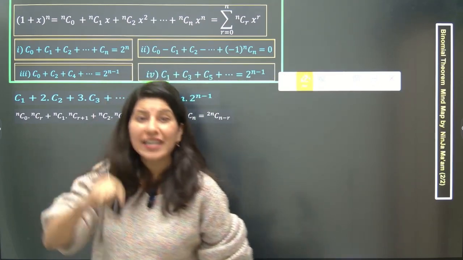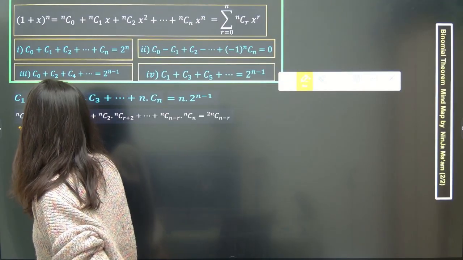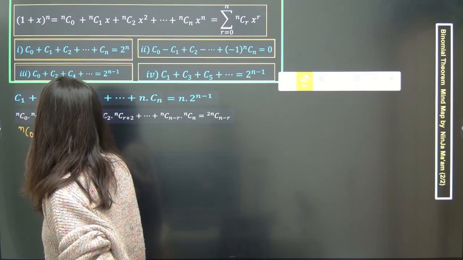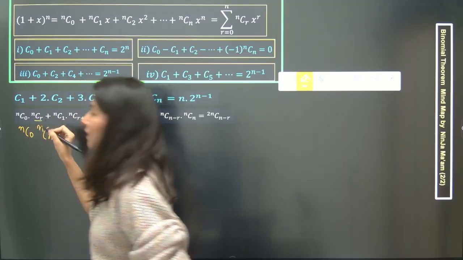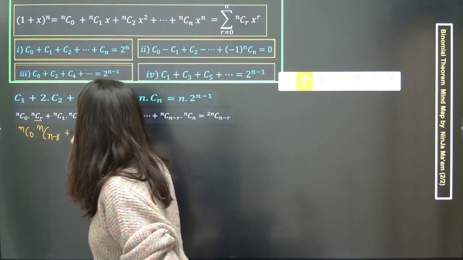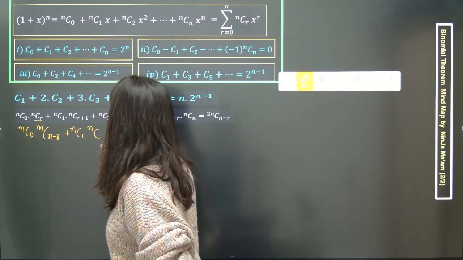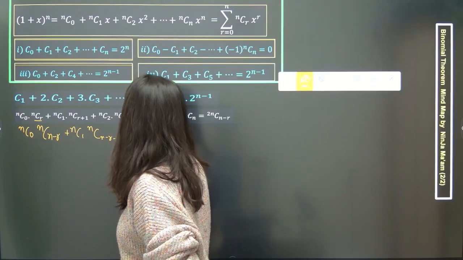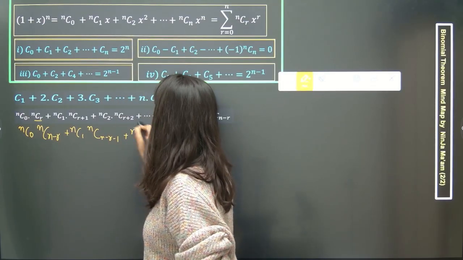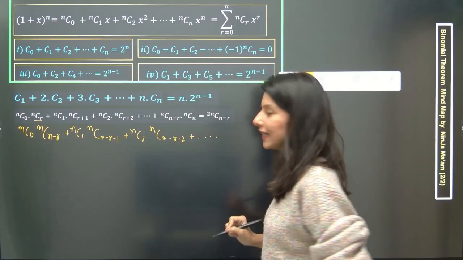You have to change one variable. nC0, if I just keep nC0 as it is, nCr will become nC(n minus r). The second coefficient I'm going to change throughout the series: plus nC1, nC(n minus r minus 1), correct? nC2, nC(n minus r minus 2) and so on, correct?